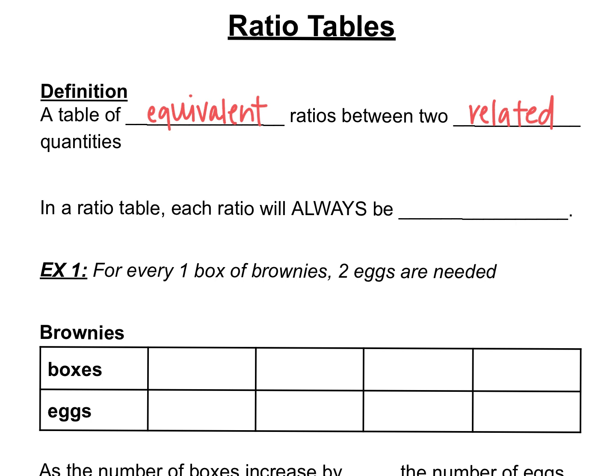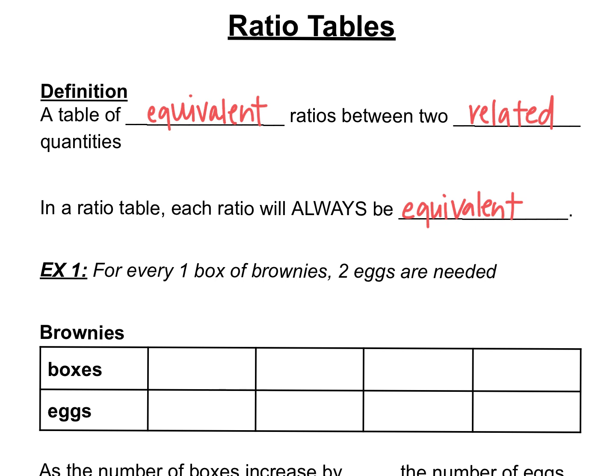In a ratio table, each ratio will always be equivalent. They will always increase by the same pattern. So just like that double number line, they were all equal. They were like equal fractions. If you put them all in fraction form, they would all be equivalent to the same thing, okay?